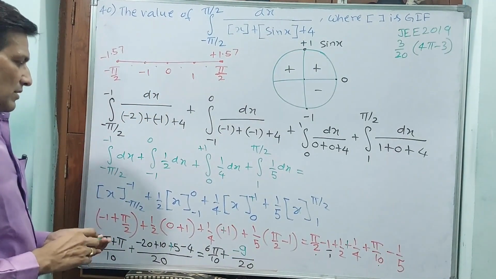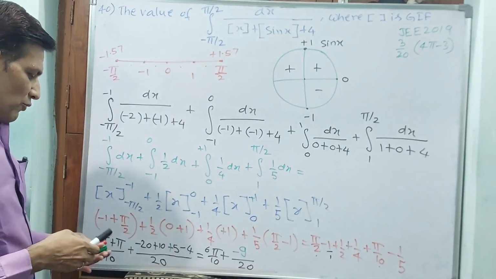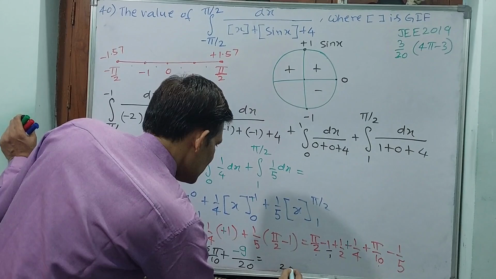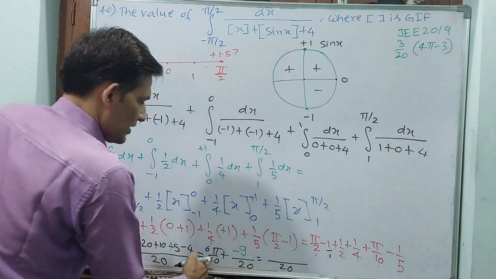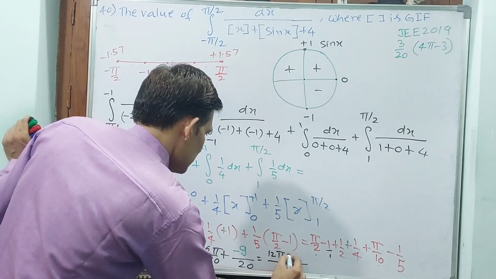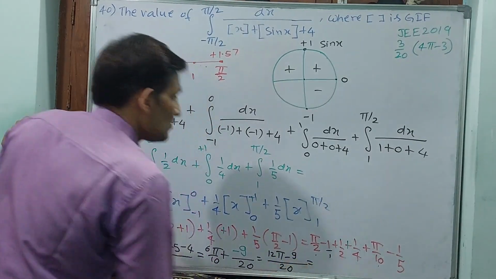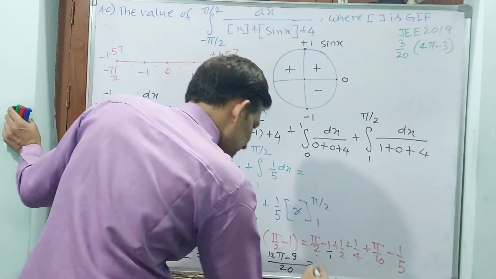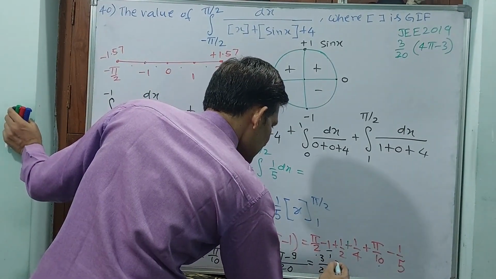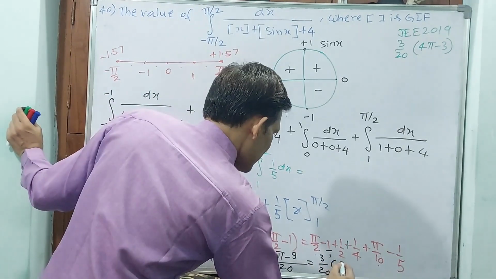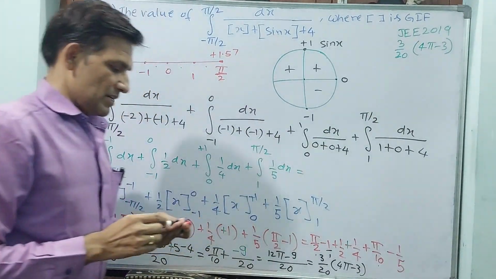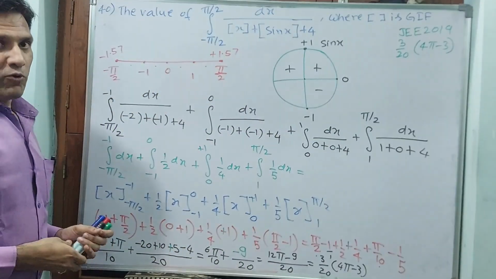Okay, now 20 only we are going to take as LCM. 20 means, at one go I am doing, if I take 20 as LCM then 12 pi minus 9. Now see, 3 by 20 you take common, that means 20 is there already and 3 you take common, 4 pi minus 3. Okay, 4 pi minus 3. Now the answer is 3 by 20 into 4 pi minus 3.